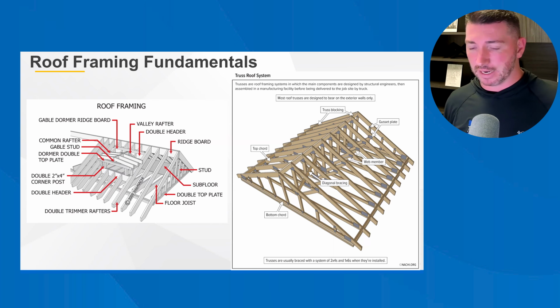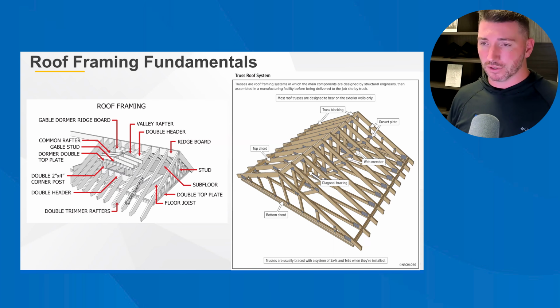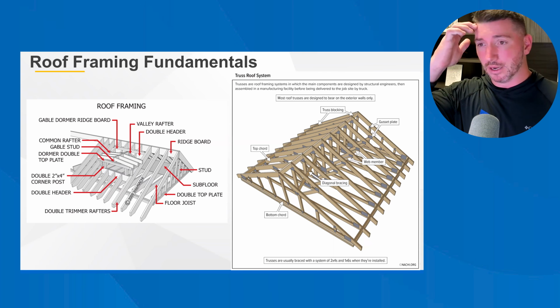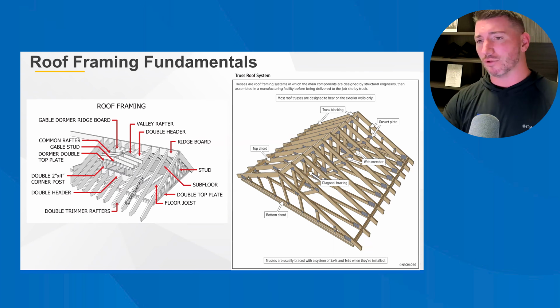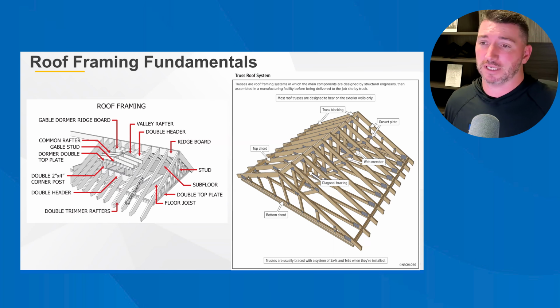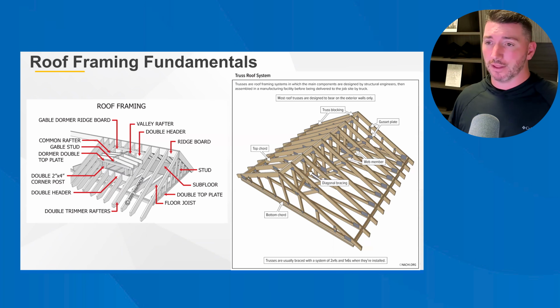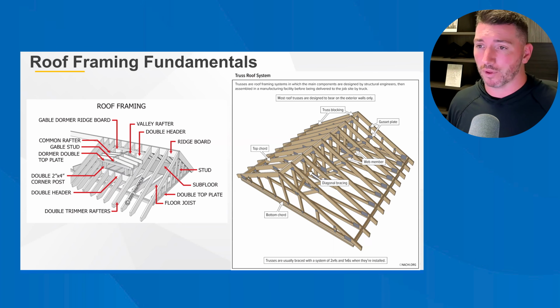Try to get an understanding of framing fundamentals so that you understand when something's failing, what might be going on behind the finish that I can see, right? Understanding roof framing like this really helps when you see deflection and these other things. It can only be so many issues. It's not like a total mystery. If you see deflection in the roof surface, you either have an overspanned sheathing or you have a structural problem with those rafters.